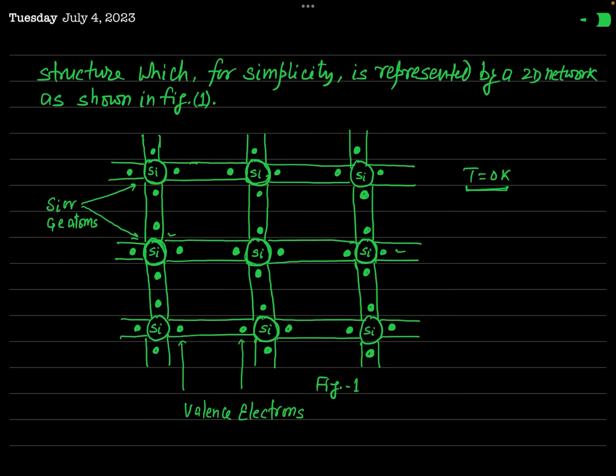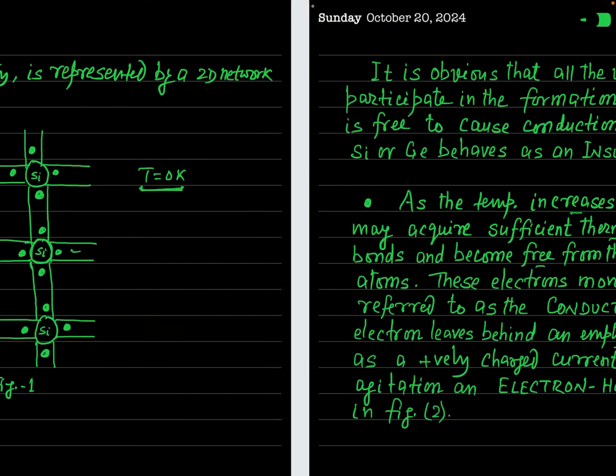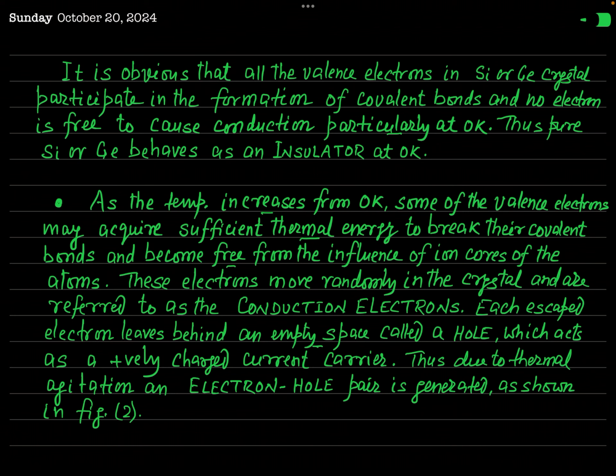So there is no free electron, and if there is no free electron, then it cannot conduct electricity. So at 0 Kelvin, due to the unavailability of free electrons, this crystal, either germanium or silicon, just behaves like an insulator.